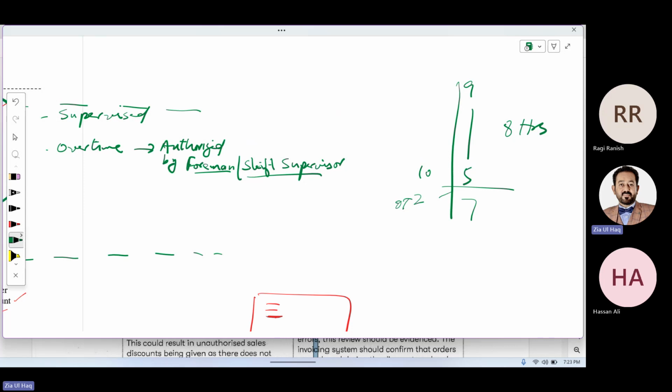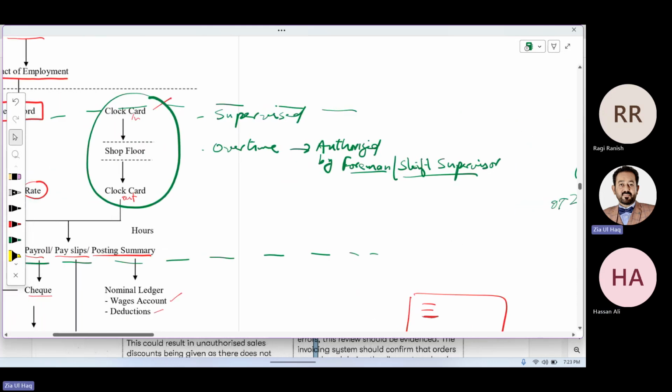That's why overtime should be authorized by the foreman. Yes, these 2 hours were required by me; these are overtime for the company. If there is no signature on overtime by the supervisor, work not done for the company might be paid, because these 2 hours were not done for the company. So that's why overtime should be authorized.